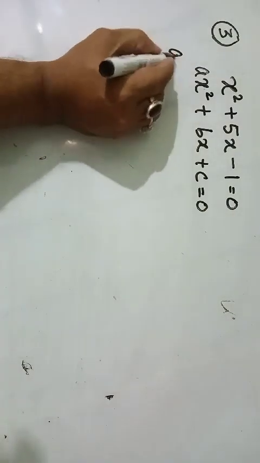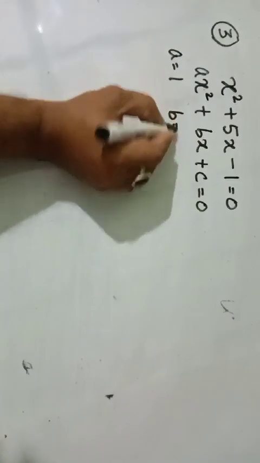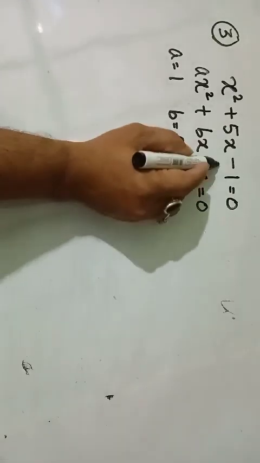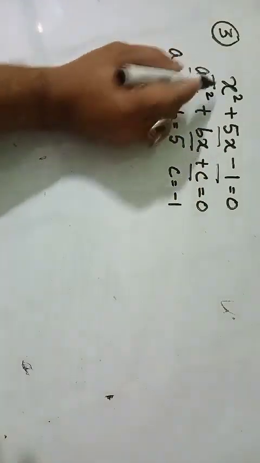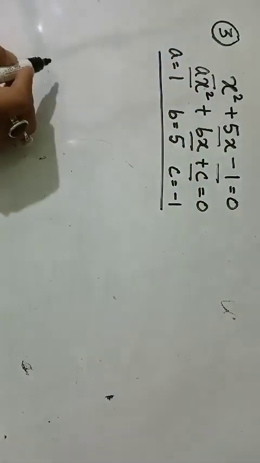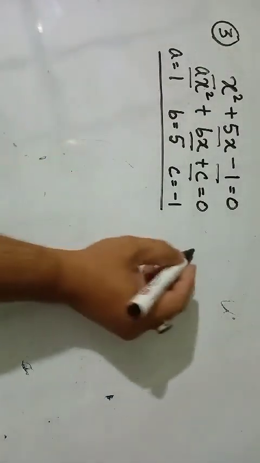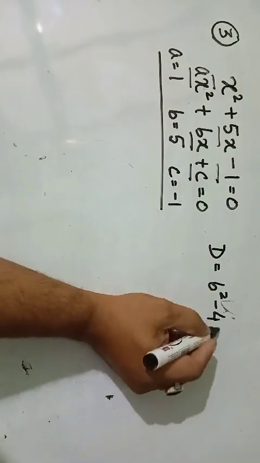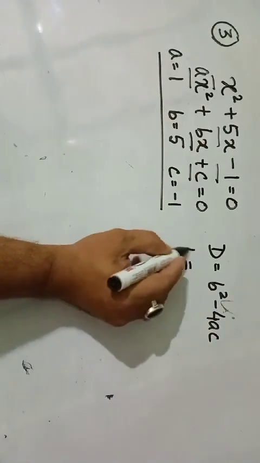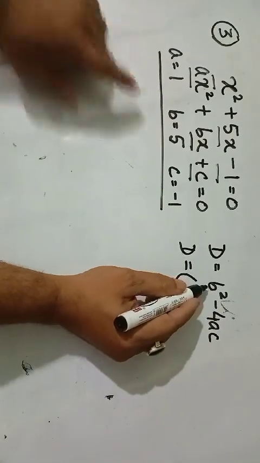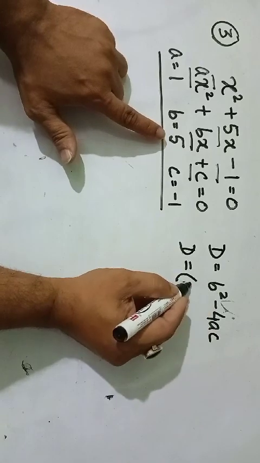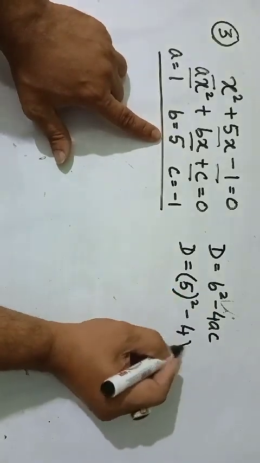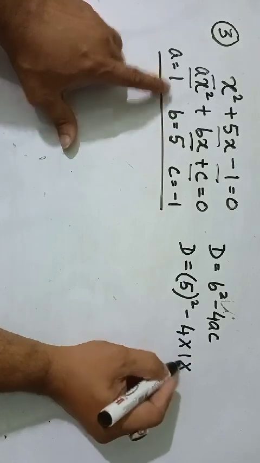Okay, so my a value becomes 1, b value becomes 5, c value becomes minus 1. You just keep comparing, like terms. So this is what I have got, which gives me my d value as b square minus 4ac being the formula. So I'll now put the values. B is 5, so 5 square will become 25 minus 4 times a into c.